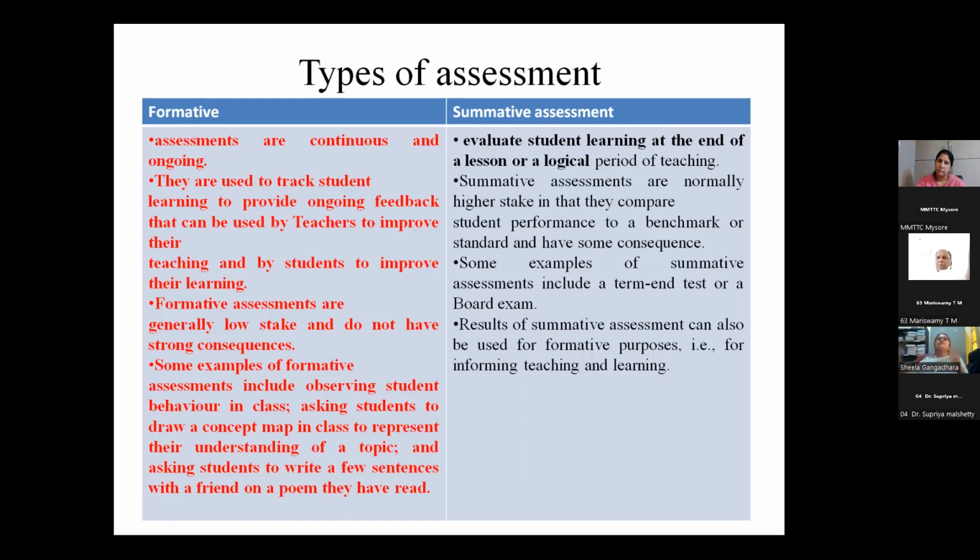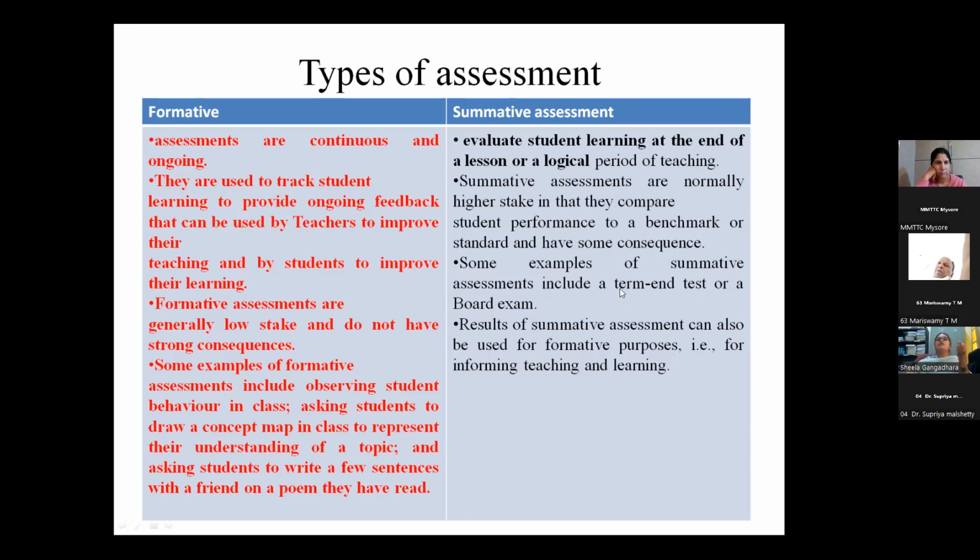Because of that, we are not able to find out where the child is lagging behind. If we track the student's learning stage by stage, we can provide feedback to both. For teachers, the purpose is to improve their teaching, and for students to improve their learning. And these formative assessments do not have any strong consequences, meaning they are not going to affect the child.